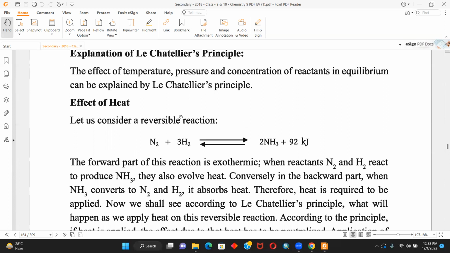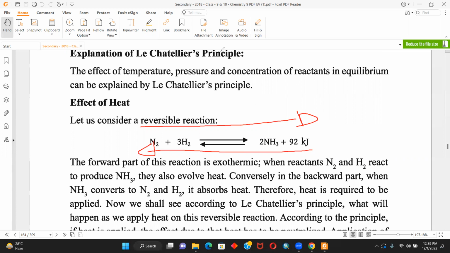We have added heat, so the reaction will go on that side where heat is being absorbed. Tell me, on which side is the heat being absorbed? This one is the endothermic reaction, this one is the exothermic reaction. Right, the endothermic one, where heat will be absorbed.